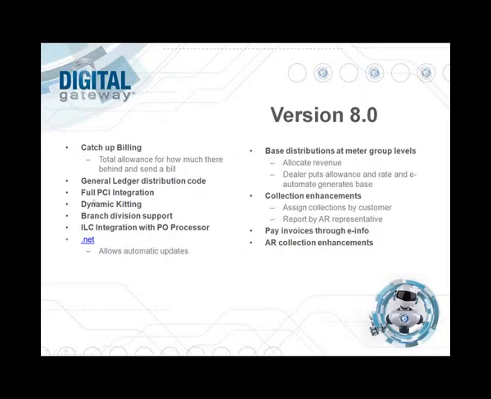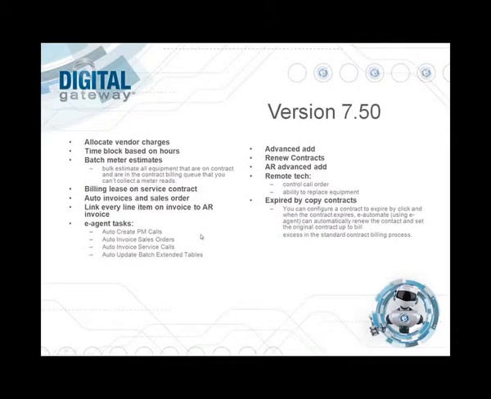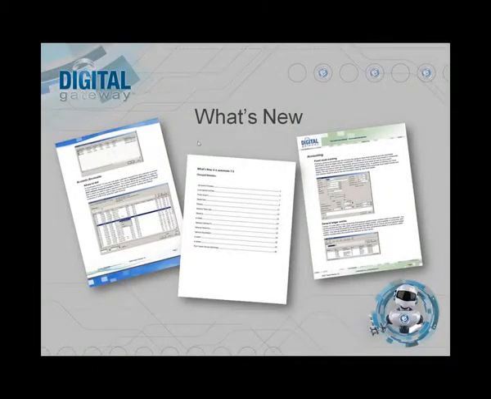We've included the full PCI integration, a couple features with the inventory logistics console, and I will go over that in more depth. We also have the .NET version and the .NET platform, so that's been a huge feature. Each one of these just goes over a couple features in each one of the versions, and I just want to make sure you guys saw that, and it is on the website.